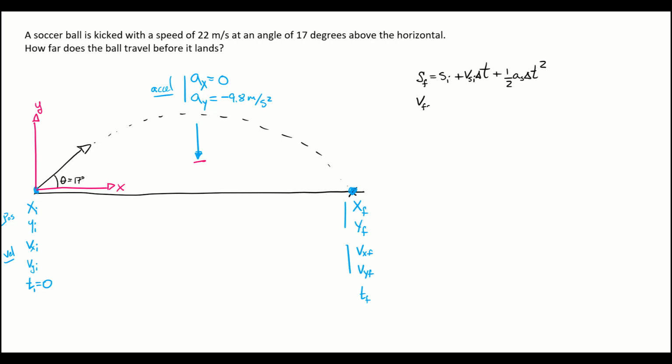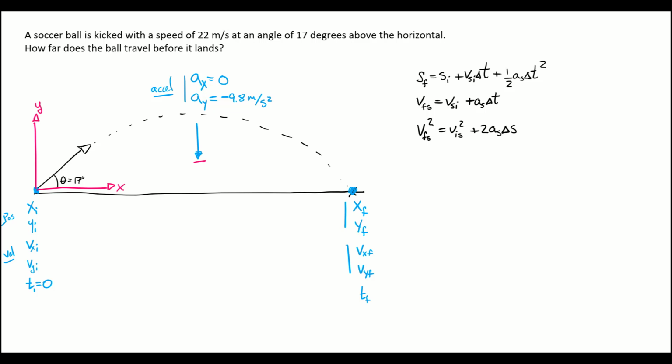The final velocity in that direction is the initial velocity in that direction plus the acceleration times delta t, and v final squared is equal to v initial squared plus 2 a_s delta s. I'm using the book's notation here. Sorry, I got a little sloppy and reversed the order of my subscripts in some of these. But essentially, s is a general direction.